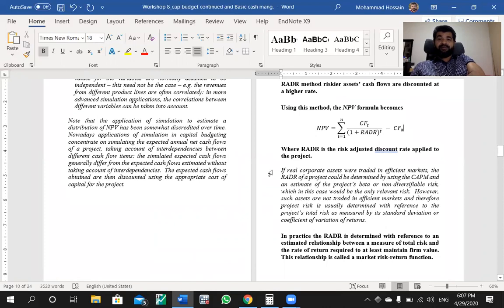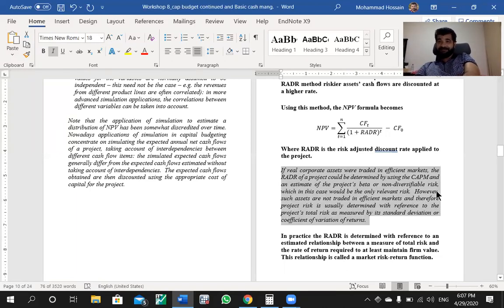If real corporate assets are traded in efficient market, the RADR, risk adjusted discount rate of a project could be determined by using CAPM, capital asset pricing model, and an estimate of the project's beta or non-diversifiable risk. So the beta we use on the CAPM is actually our non-diversifiable risk, which in this case would be the only relevant risk.